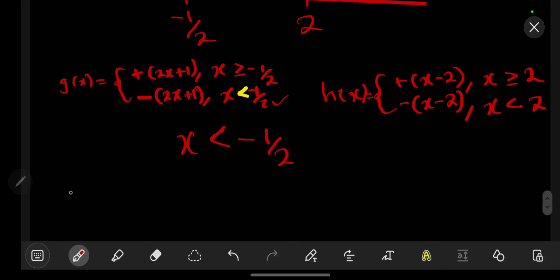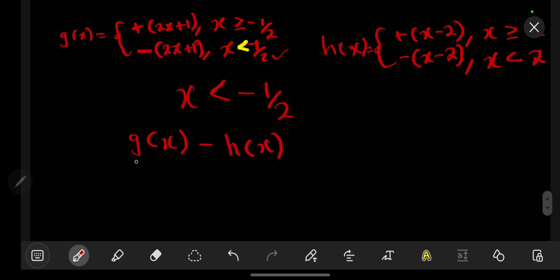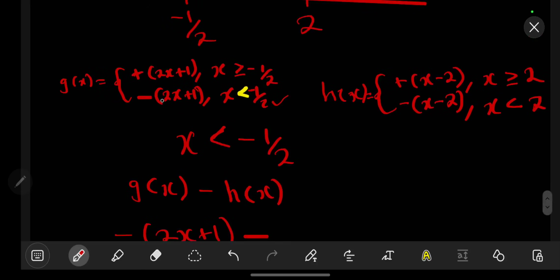So we can say our g of x minus our h of x shall be equal to, we have g of x, at this second equation, 2x plus 1, like that. Then we have minus, so we take the negative.